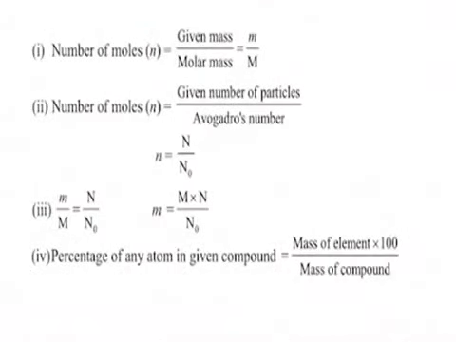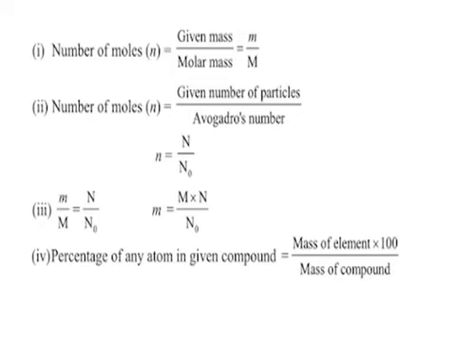Children, look into this slide very carefully. It has all the formulas related to solving mole problems. The first formula says the number of moles is equal to the given mass divided by the molar mass.